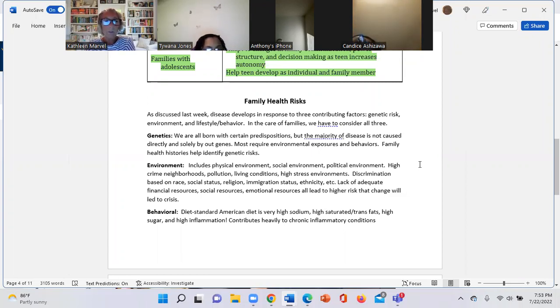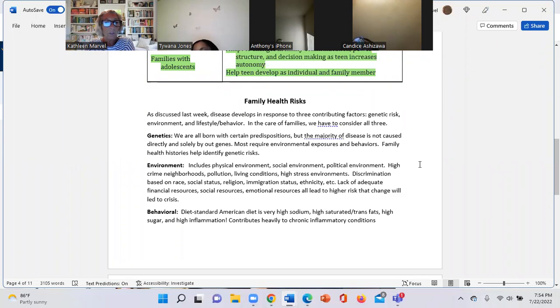Okay, with genetics, some of us are born with certain predispositions. Maybe a family with cardiac disease, maybe a family with cancer, maybe generations of substance abuse. But interestingly enough, the majority of these diseases is not caused directly by genetics.